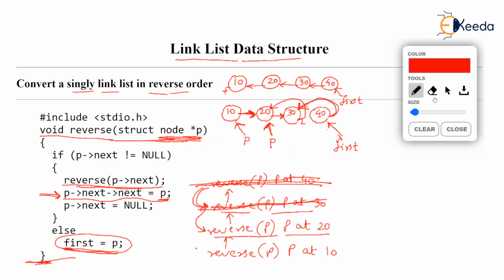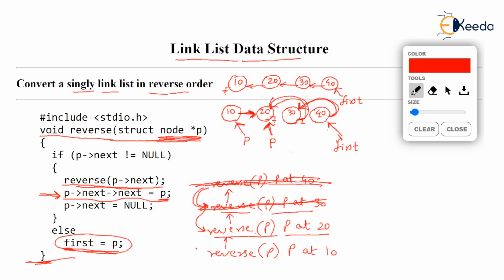So 20's next, which was pointing at 30, will no more point at 30. Correct? And 20's next will be null. So we are breaking the association between 20 and 30. But 30 and 20 are now associated. 30 will be pointing to 20 and 20's next is null.